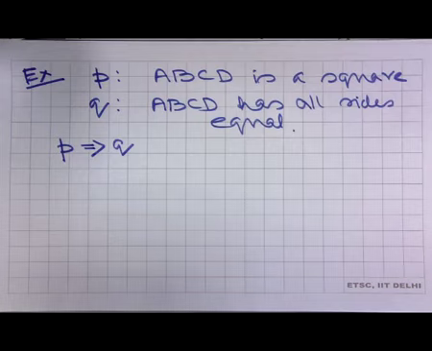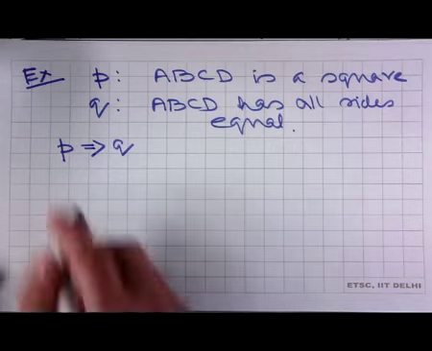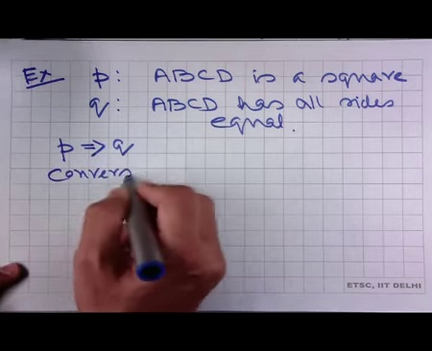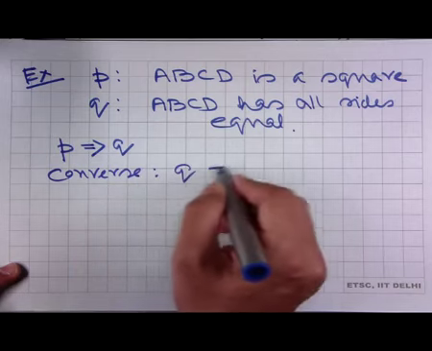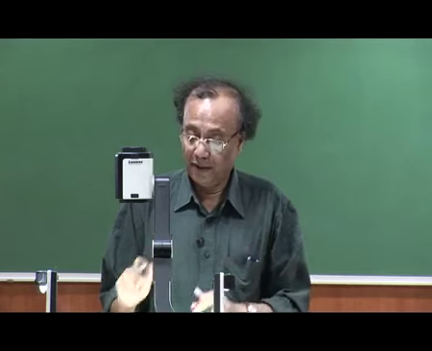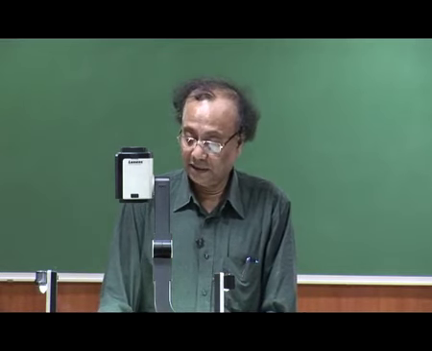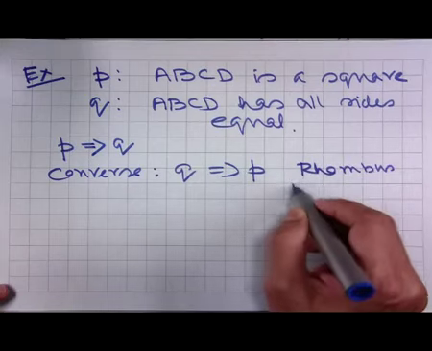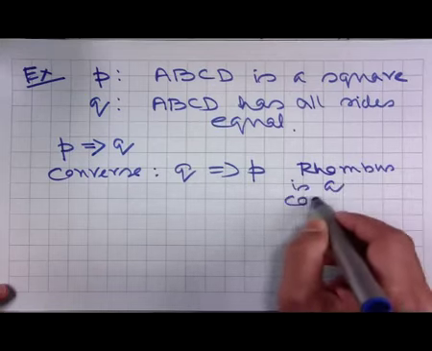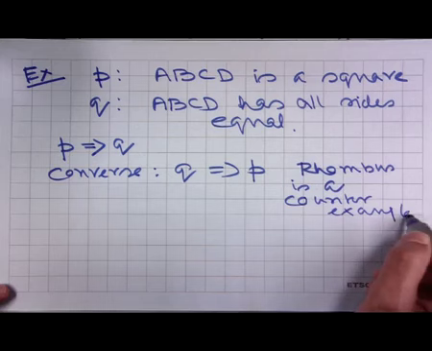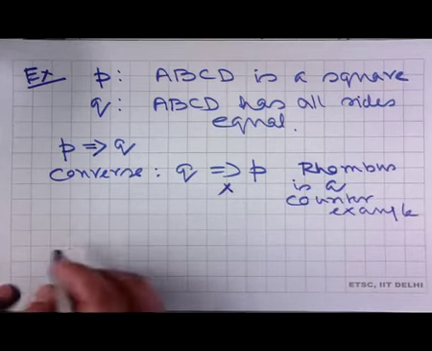What is going to be its converse? Q implies P, which means if ABCD has all sides equal, then ABCD is a square. We know that a rhombus does not fit, right. A rhombus may be the case, so this is not always correct.